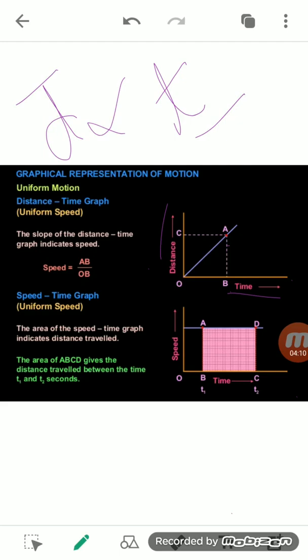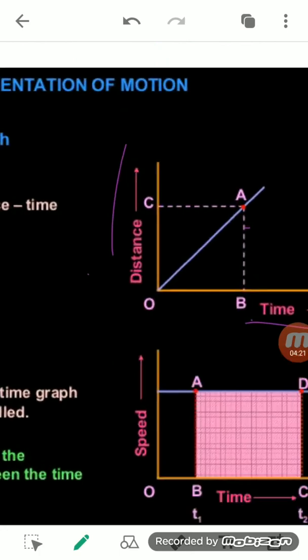So equal distance is covered in equal intervals of time, it means they are directly proportional to the time. So when we talk about uniform speed, the graph of the distance traveled against the time will be a straight line. This one. Okay? So you can see here a line OA.